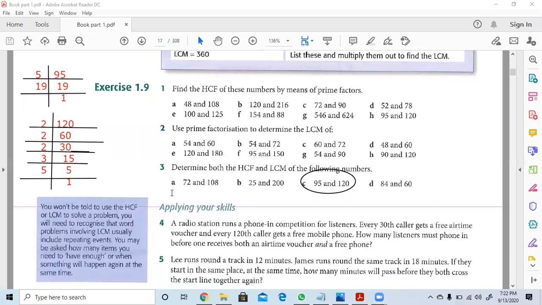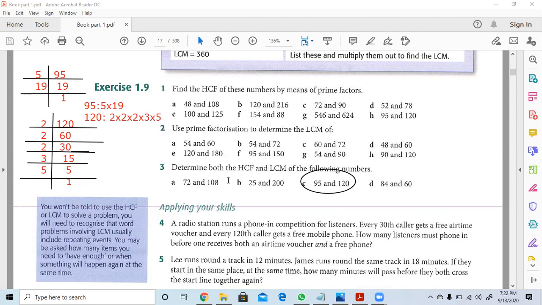Let's suppose I write here all these numbers. Here for 95, what I write here? 5 and 19. And for 120, I write what? So like that, I write these two numbers.